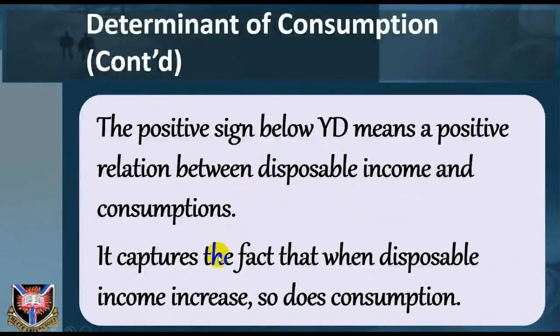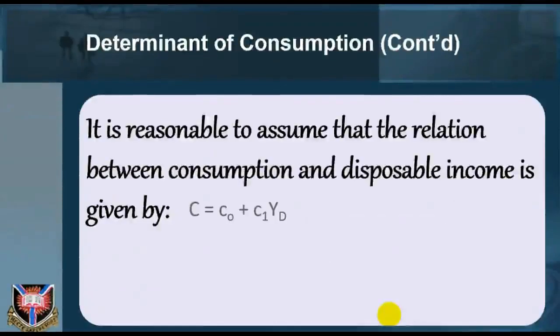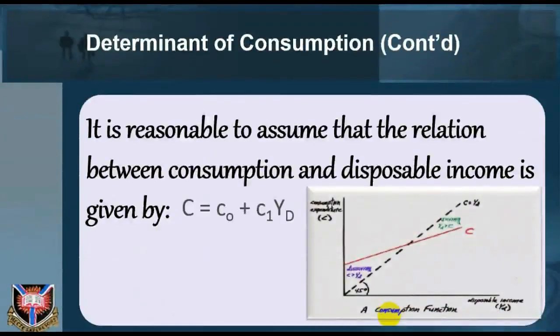It captures the fact that when disposable income increases, so does consumption. Economists call such an equation a behavioral equation, to indicate that the equation captures some aspect of behavior, in this case, the behavior of consumption.